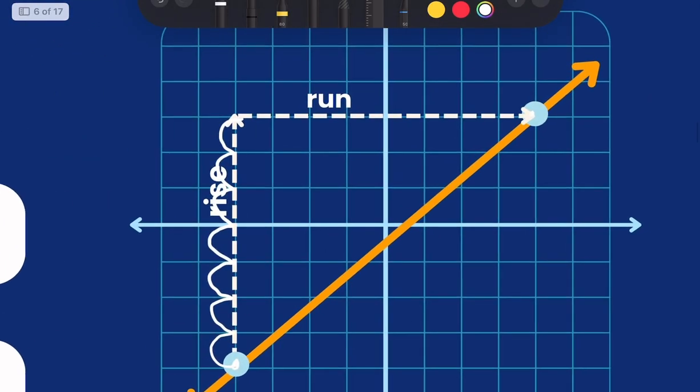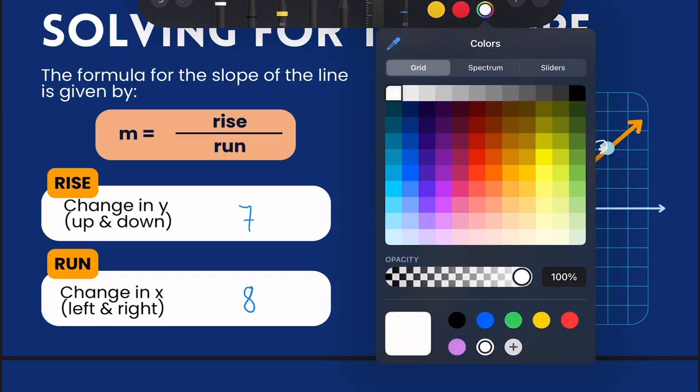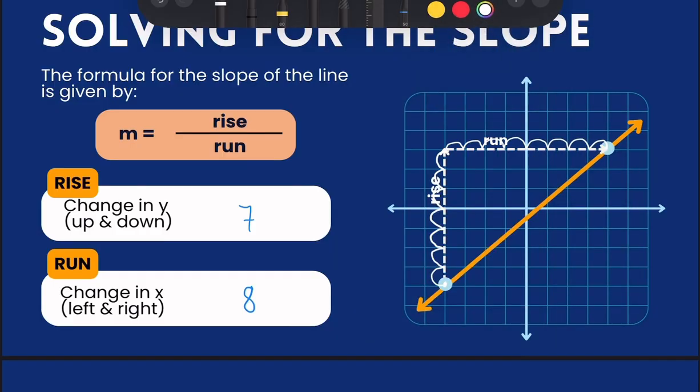Now we need to see how many times did it go to the right. 1, 2, 3, 4, 5, 6, 7, 8. So therefore my run is 8. And if my slope is rise over run, that means that my slope must be 7 over 8.